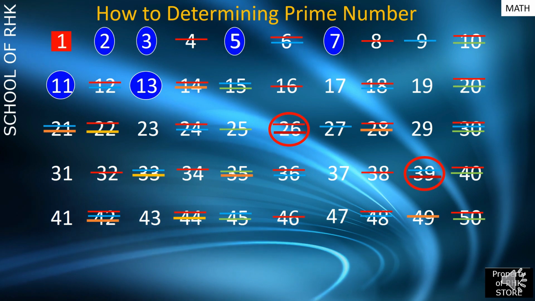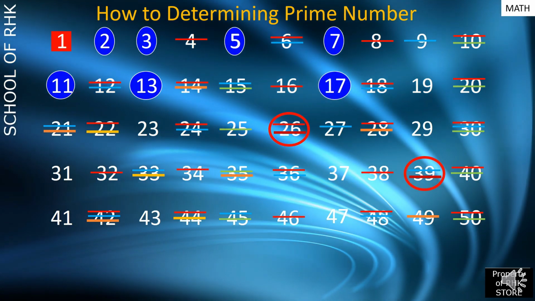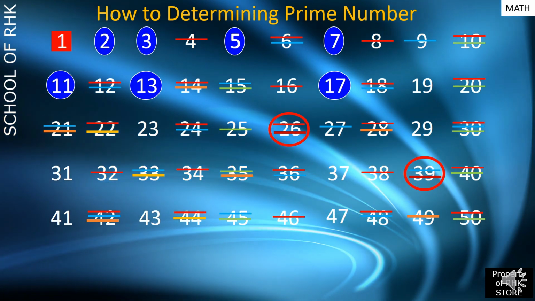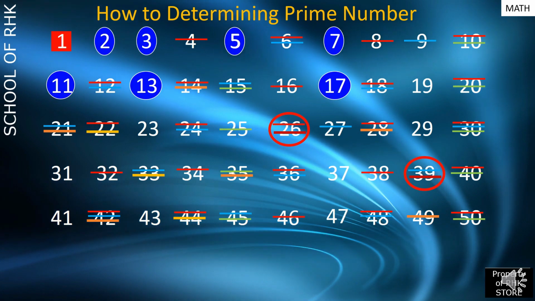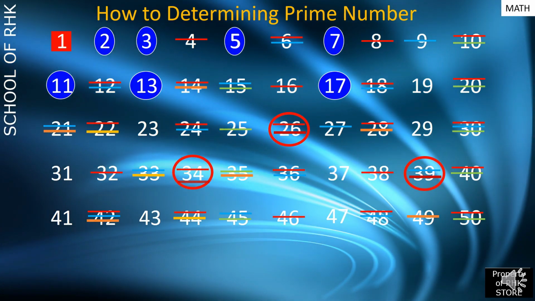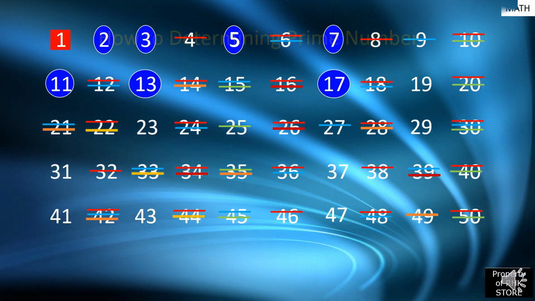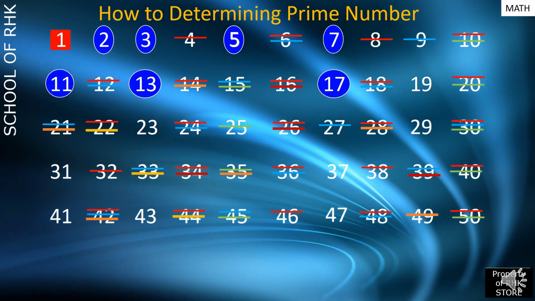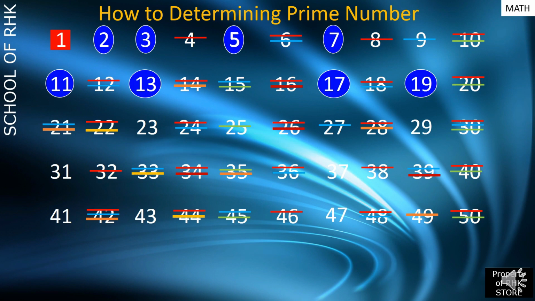The next prime number is 17. Now, let's cancel the multiple of 17, that is 34. The next prime number is 19.